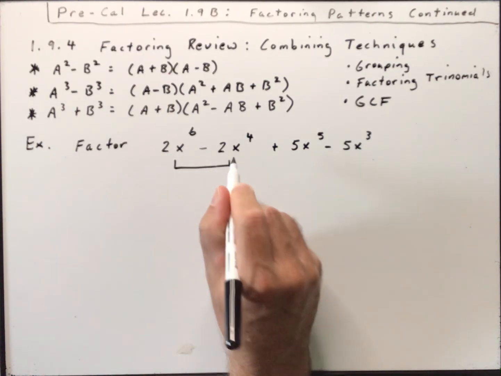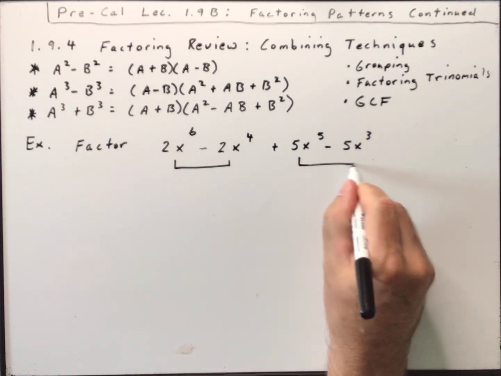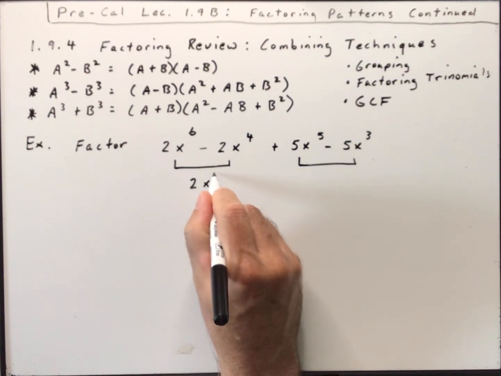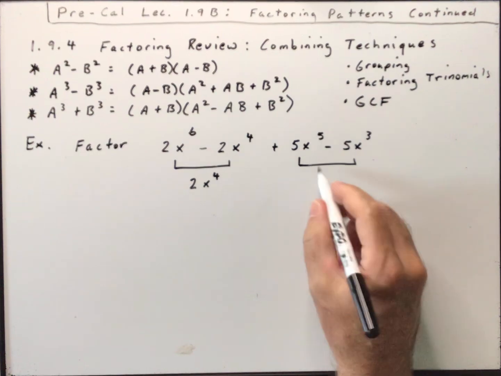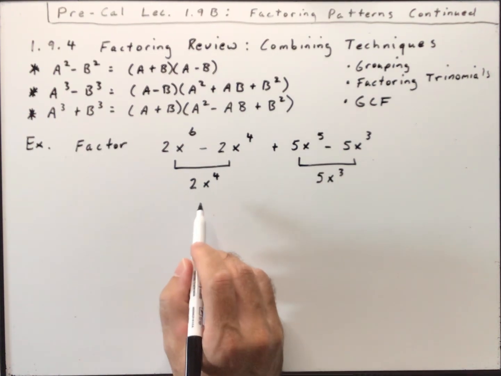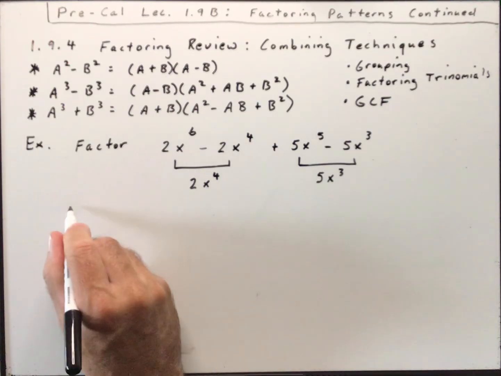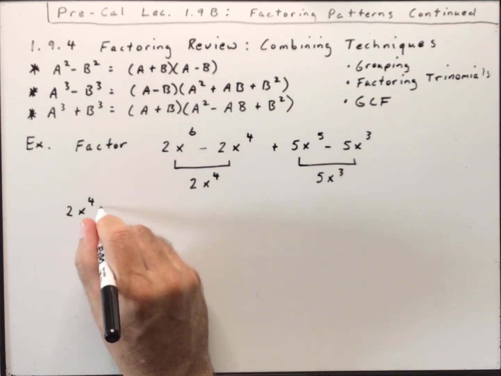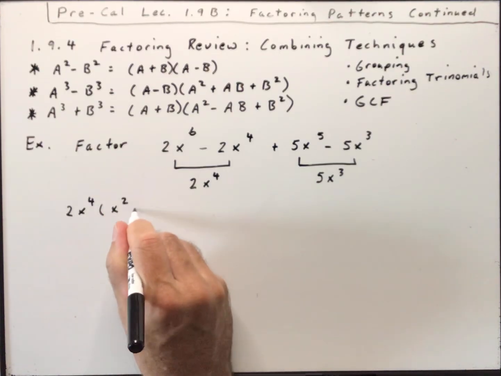When you see 4 terms, just think grouping. So here we would have 2x to the fourth is our greatest common factor, and here 5x cubed would be our greatest common factor. So 2x to the fourth, what's left here would just be x squared minus 1.